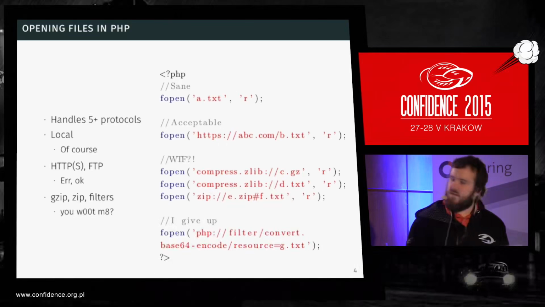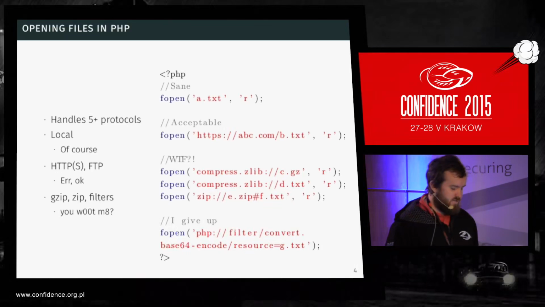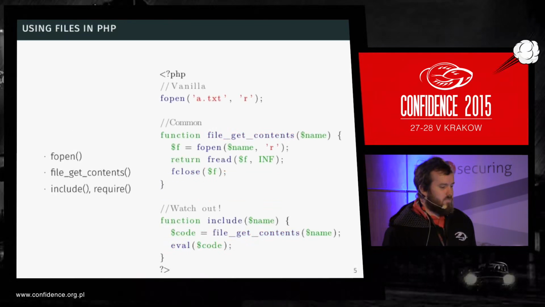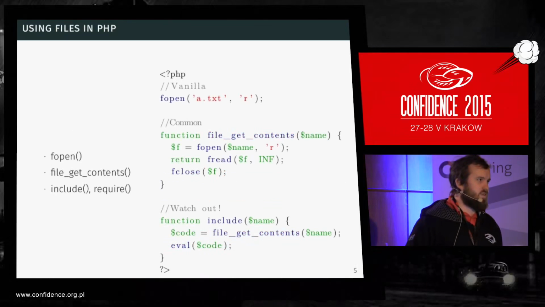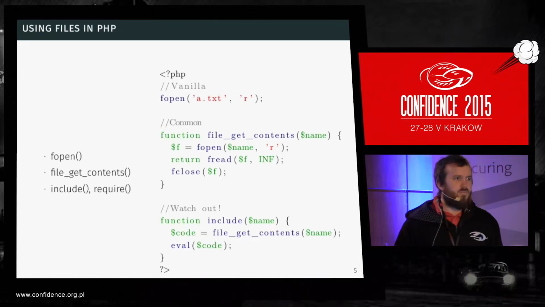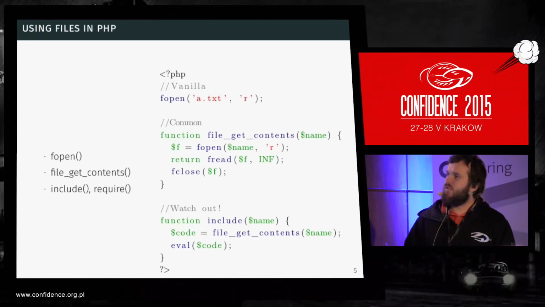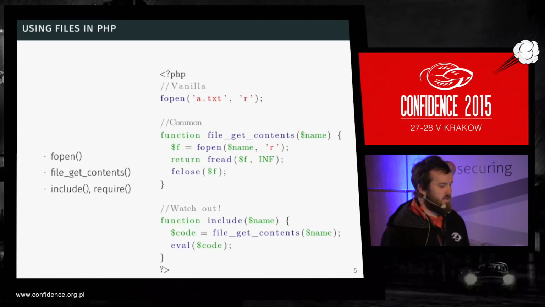Okay, so this is a lot of strange stuff, but what implications does this have? How do we use files in PHP? You could just open a file, read stuff, write stuff like you do in any language.